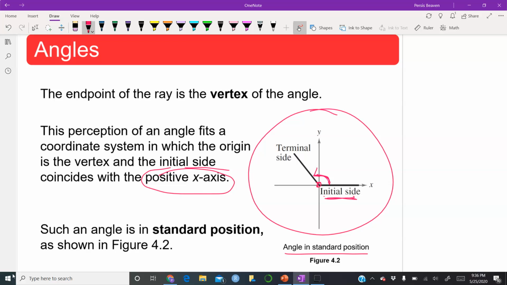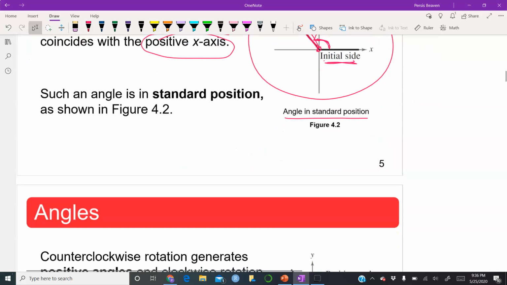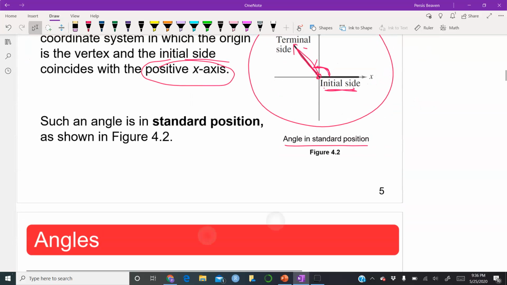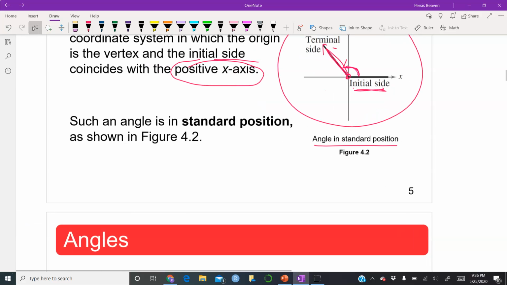And if we go in the same direction that I discussed previously, counterclockwise, counter because it is going in the opposite direction of the clock, we have here the terminal side, and that is what we call an angle in standard position. So always the initial side is going to be the x-axis.